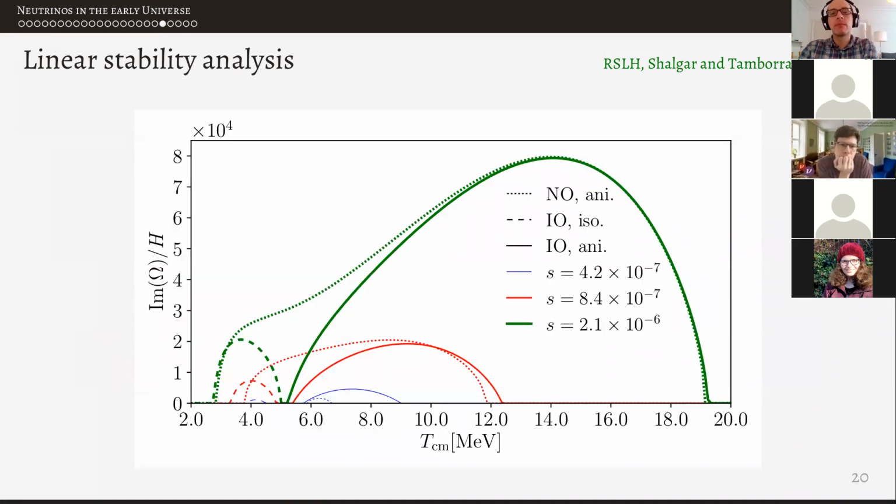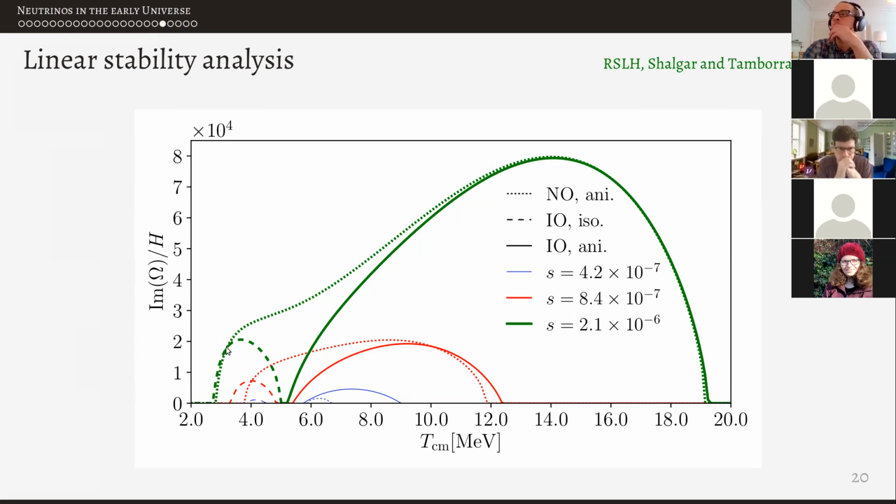When we analyze this model with a stability analysis from a linear point of view, we find the growth rate on the y-axis here. If we start with the dashed line, that is inverted mass ordering in an isotropic universe, or with isotropic initial conditions, I should say.